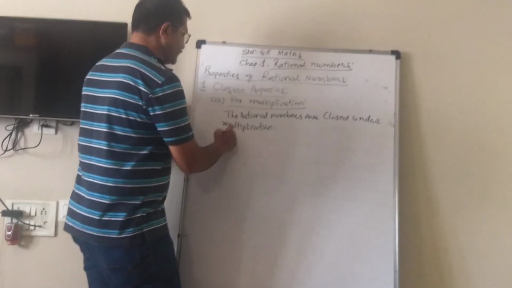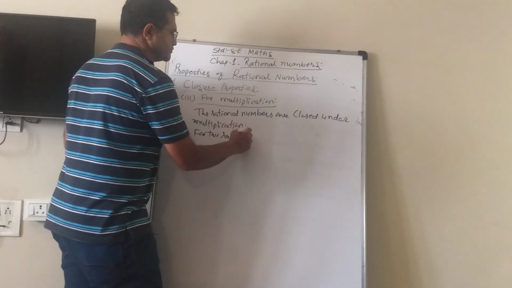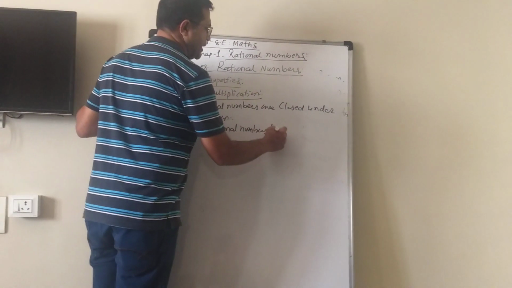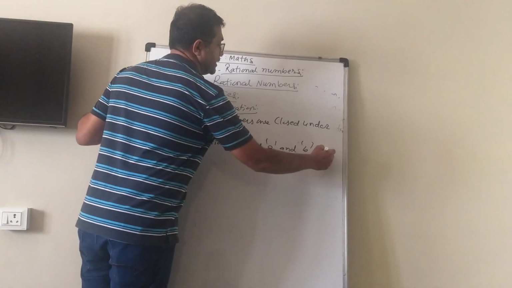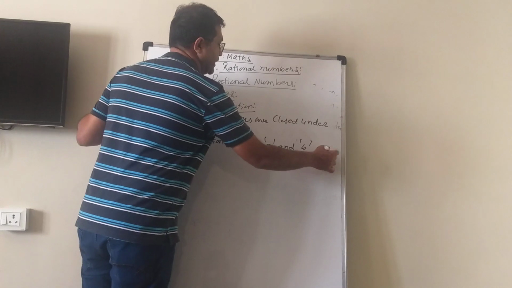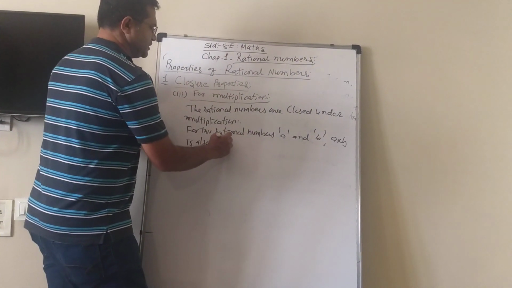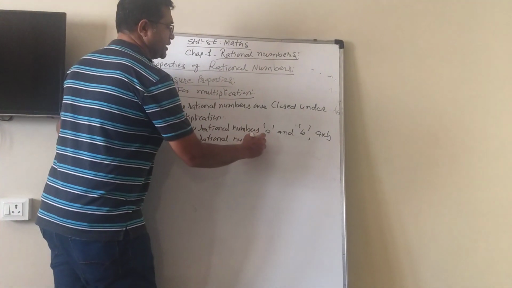It means that for two rational numbers A and B, A multiplied by B is also a rational number. We can take an example also.